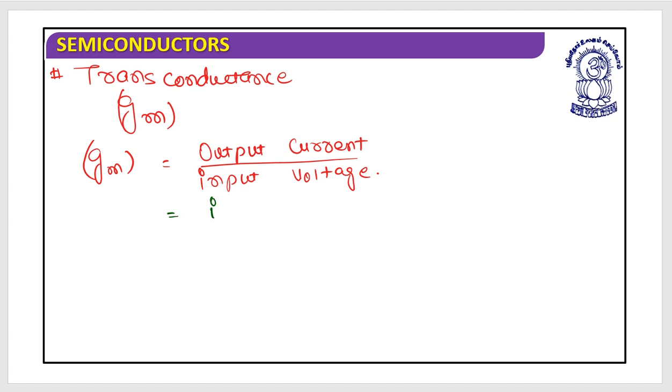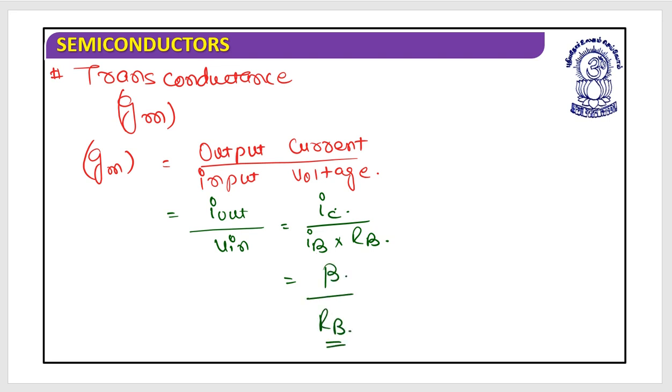So it's I output divided by V in. I out is IC, and the input is IB multiplied by RB. IC by IB is beta. So it's beta divided by RB, or we can say beta divided by R in. This is the transconductance. Please keep this noted.